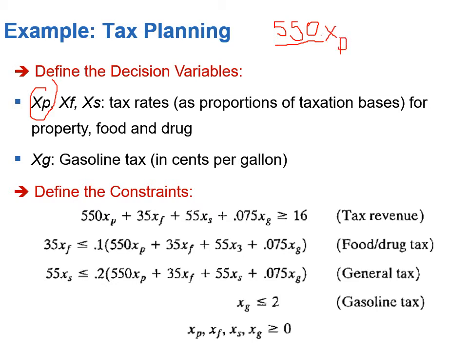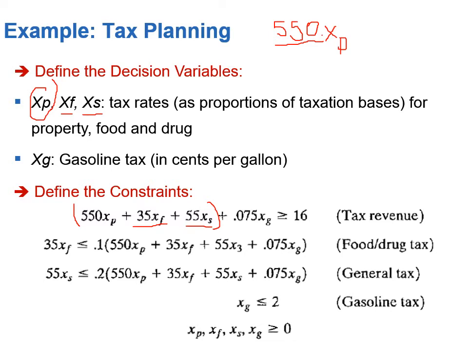So 550 times XP gives me the total amount of tax that I am collecting from real estate. Similar to this, for XF and for XS, we also multiply them by their tax bases, so that this part over here is the total amount of tax that we are collecting from real estate, food and drugs, and general sales.